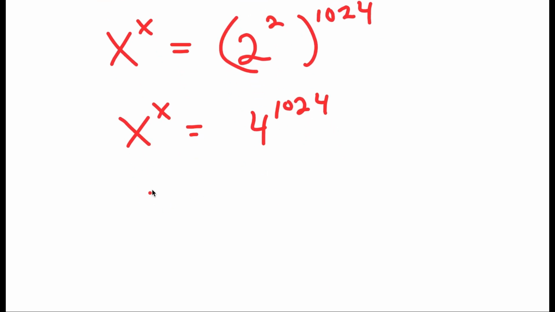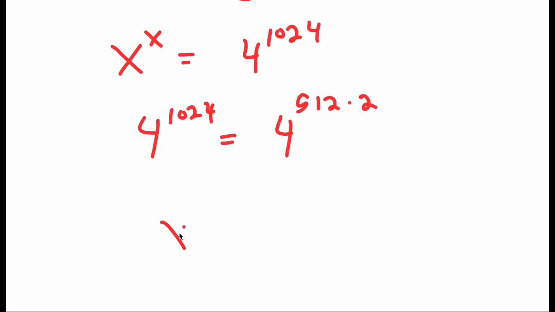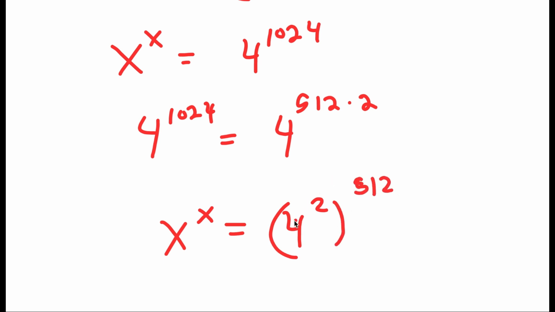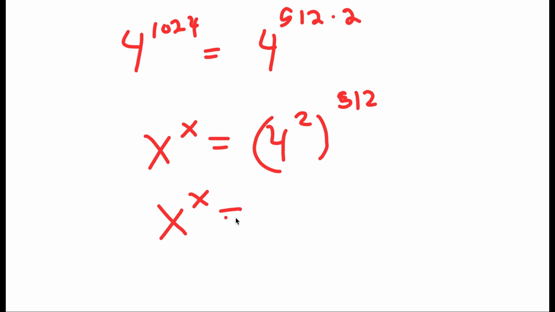Now I can rewrite 4 to the power of 1024 as 4 to the power of 512 times 2. I'm going to use the same property. So this turns into 4 to the power of 2 to the power of 512. And 4 to the power of 2 is 16, so this is 16 to the power of 512.